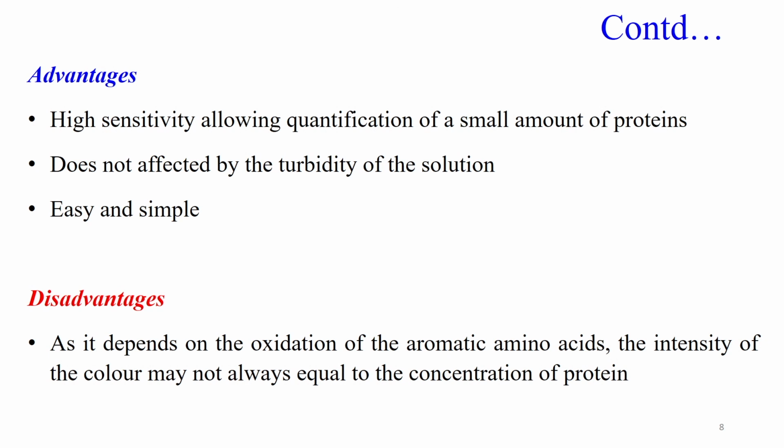The disadvantage is that it depends on the aromatic amino acids. So, the intensity of color may not be equal to the concentration of protein because it depends on the particular amino acid residues.